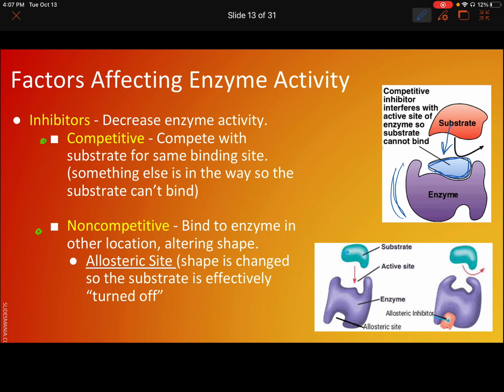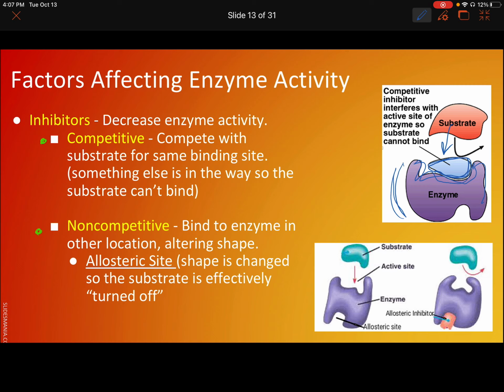That was mimicking competitive inhibition, because if I had something in my hand, then I couldn't perform the function my hand was supposed to be performing, which was breaking the toothpick. So the same thing's happening here. Something else is in this hand, and the substrate cannot bind, and so the substrate is not going to be turned into whatever it is supposed to be turned into.